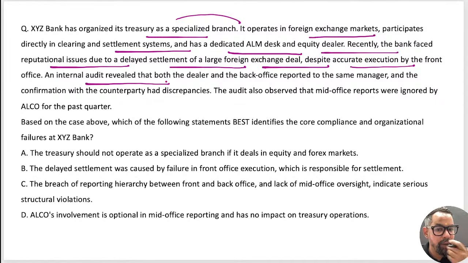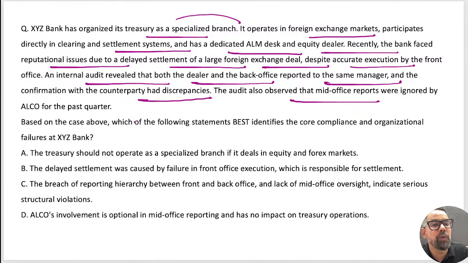Internal audit revealed that both the dealer and back office reported to the same manager. That means there is a conflict of interest; we should have a different team for all the areas. The confirmation with the counterparty has discrepancies, meaning it is an issue with the back office. The audit also observed that mid office reports were ignored by the ALCO for the past years.